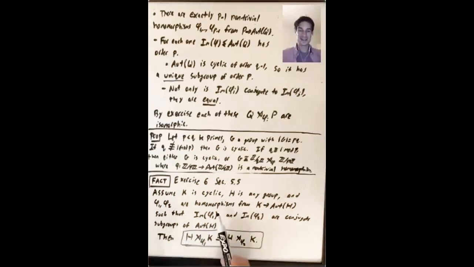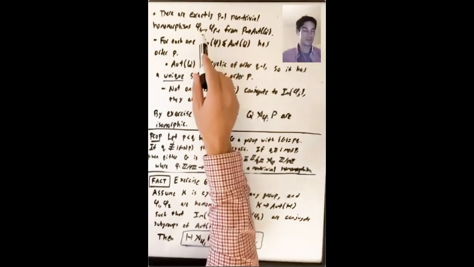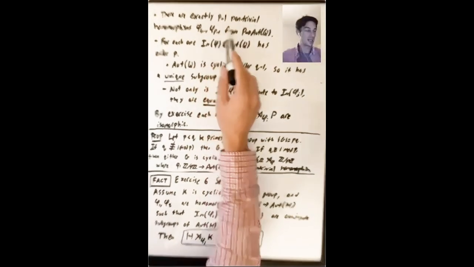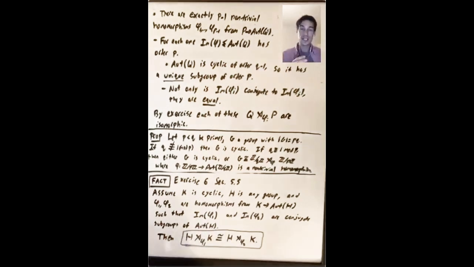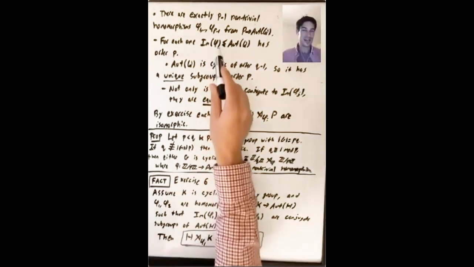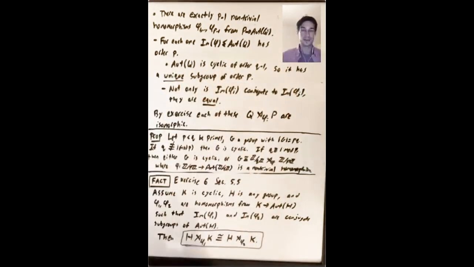Let's use this exercise to finish the classification of groups of order pq. We know that there are exactly p minus 1 non-trivial homomorphisms, phi1, phi2, up to phi p minus 1, from Z/pZ to Aut(Z/qZ). For each one, the image of that homomorphism is a subgroup of Aut(Z/qZ) of order p.